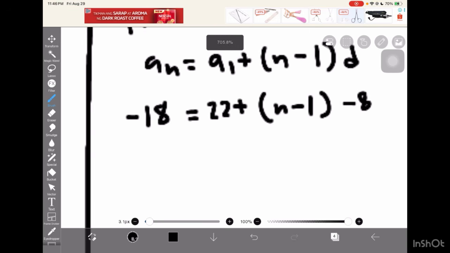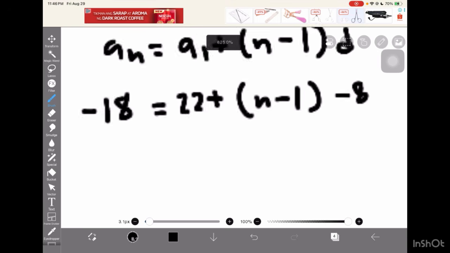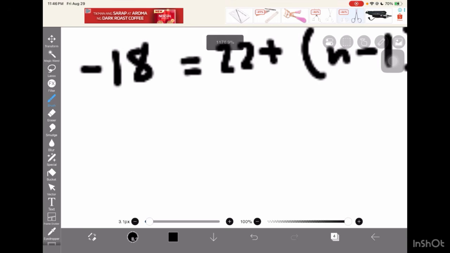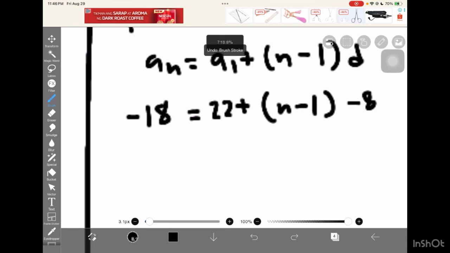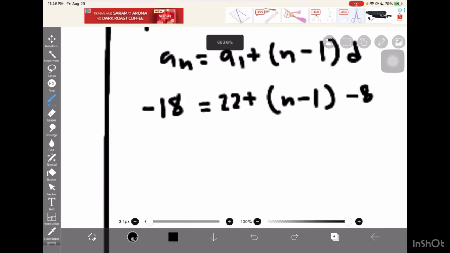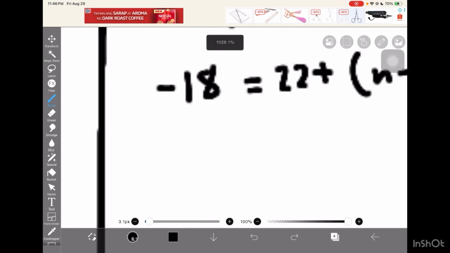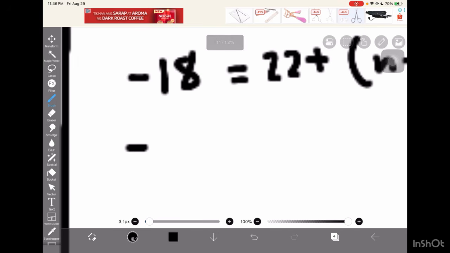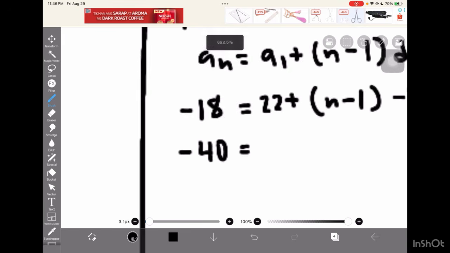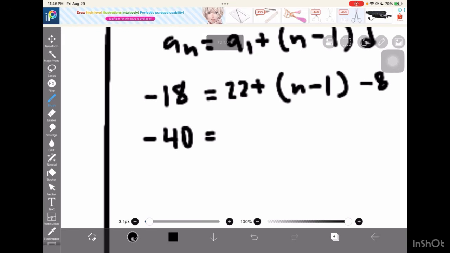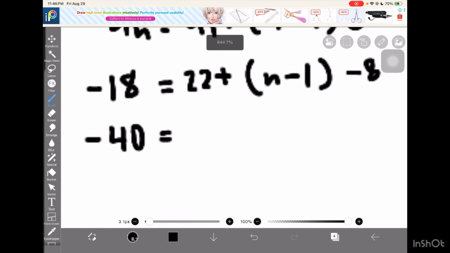Let's simplify. Actually no, let's transpose first. Can we transpose it? Yes, we can. We transpose the 22 to the other side, so negative 40 is equal to, let's multiply.